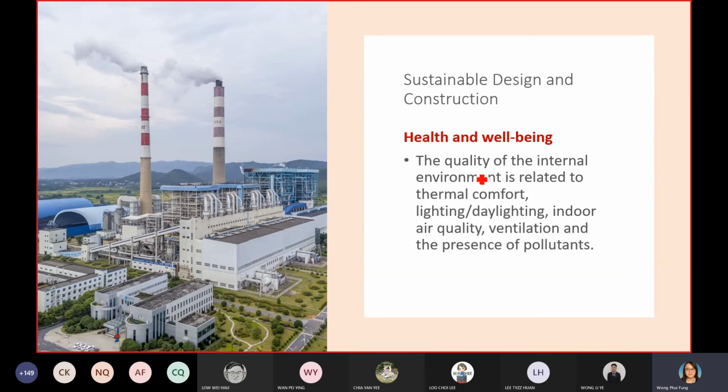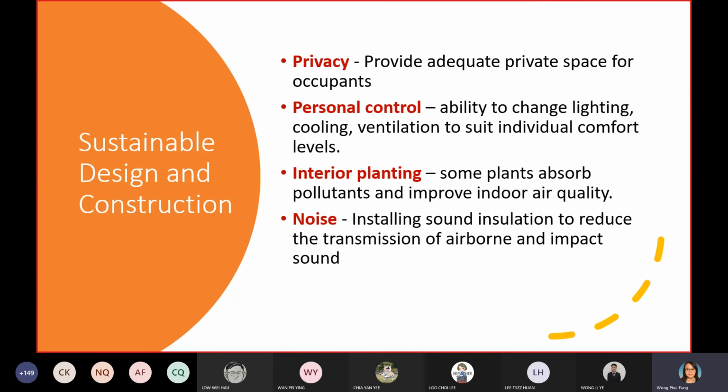So, how can we improve the health and well-being in terms of thermal comfort, lighting, indoor air quality, ventilation, and the indoor pollutants? Say for example, the first thing we can do is improve the privacy. Privacy means providing adequate private space for the occupants. This could be very important for office development.